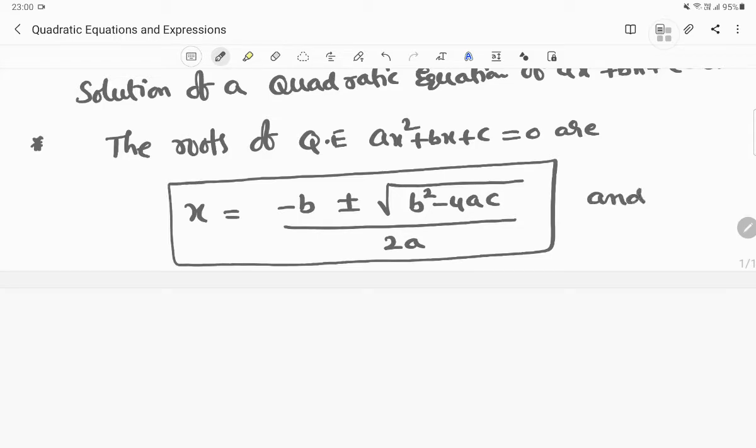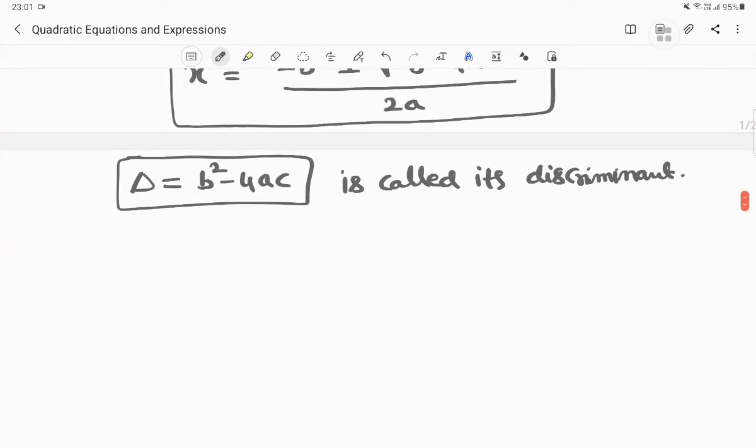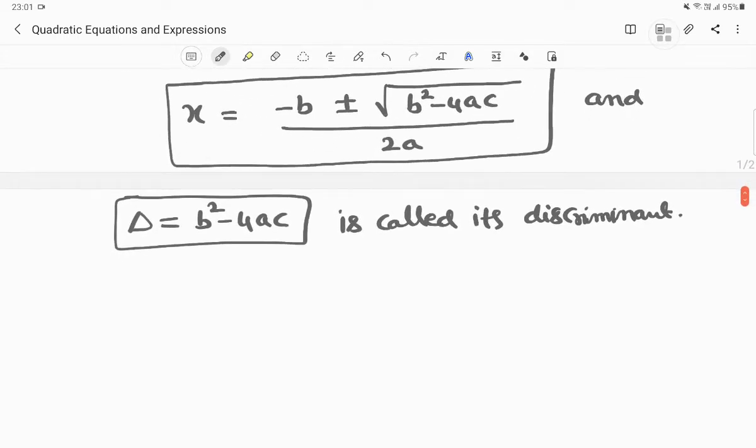And delta is equal to b square minus 4ac is called its discriminant. Just I am revising what we already discussed in the IP classes, just giving the synopsis briefly for EAMCET and JEE Mains also.